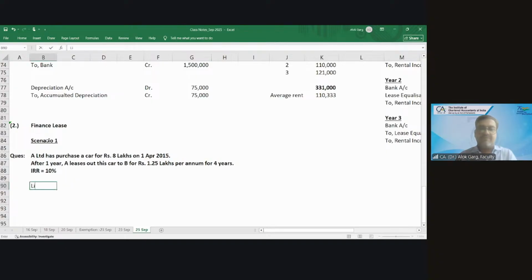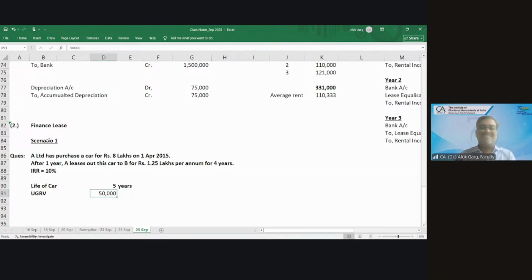Life of the car is 5 years. Unguaranteed residual value, UGRV. What is UGRV? Unguaranteed residual value होती है जो आपका estimated scrap value होती है.